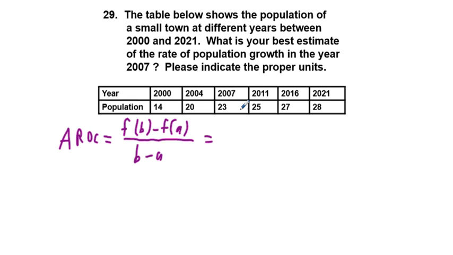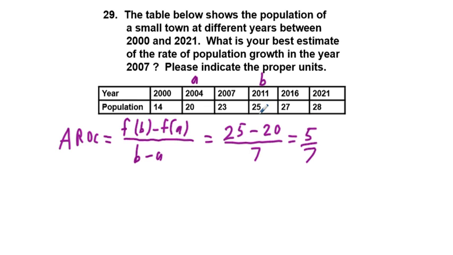In this case, for 2007, we're going to use our b over here at 2011 and our a over here at 2004. So what we have is f of b is 25 minus f of a, which is 20, over 2011 minus 2004, which is 7. So we're going to get 5/7.